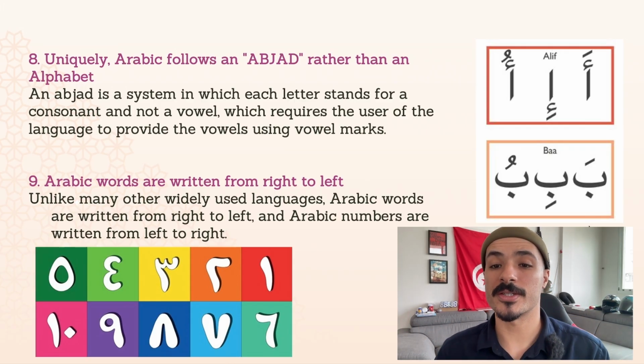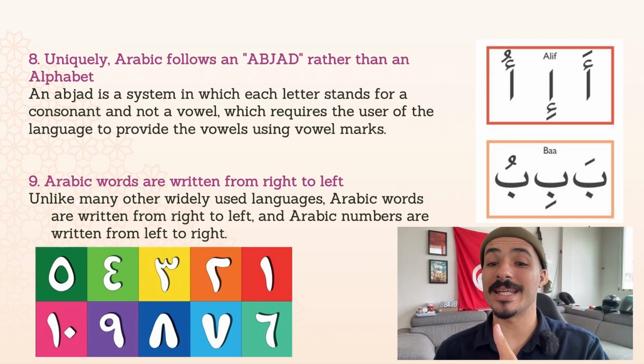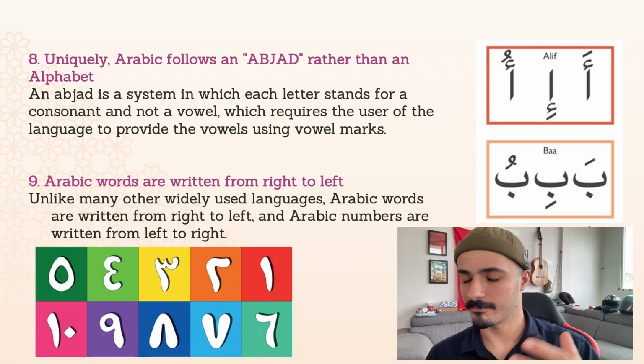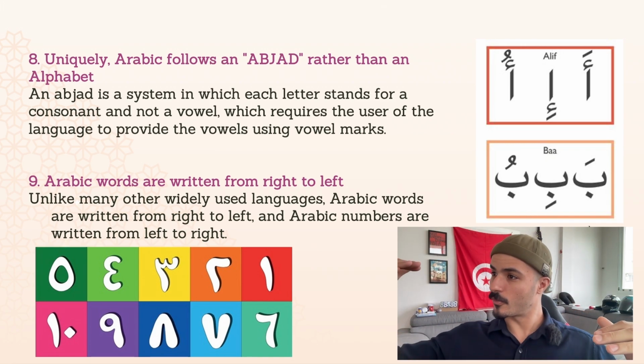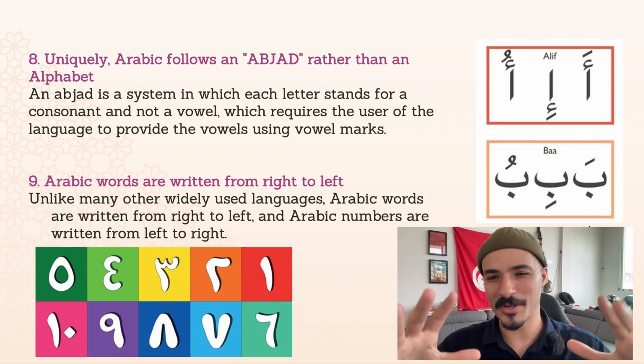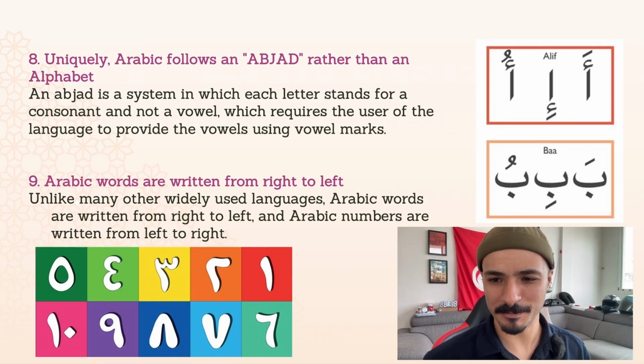We spoke about this already, but the funny thing is that we write and we read numbers from left to right. It's gonna be very confusing. Writing, then writing, reading, then reading. It's gonna be a bit messy. We will speak about this also later, inshallah.